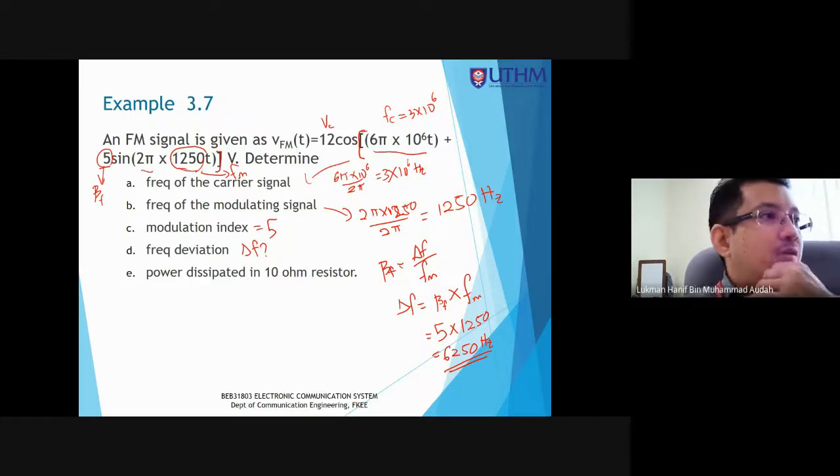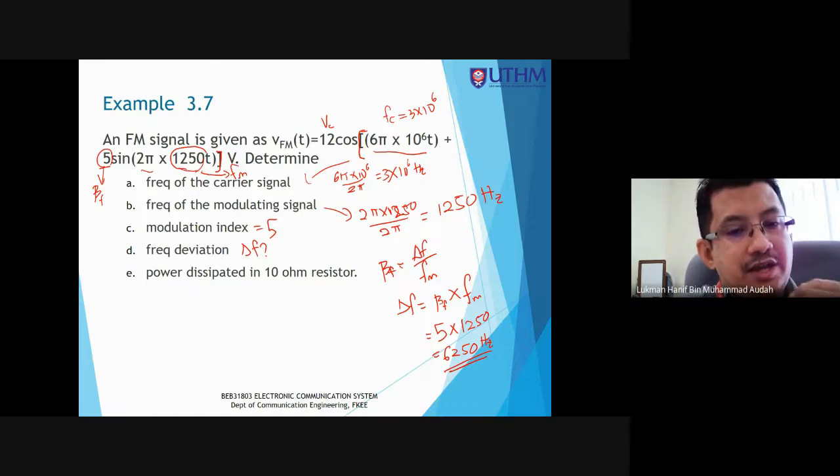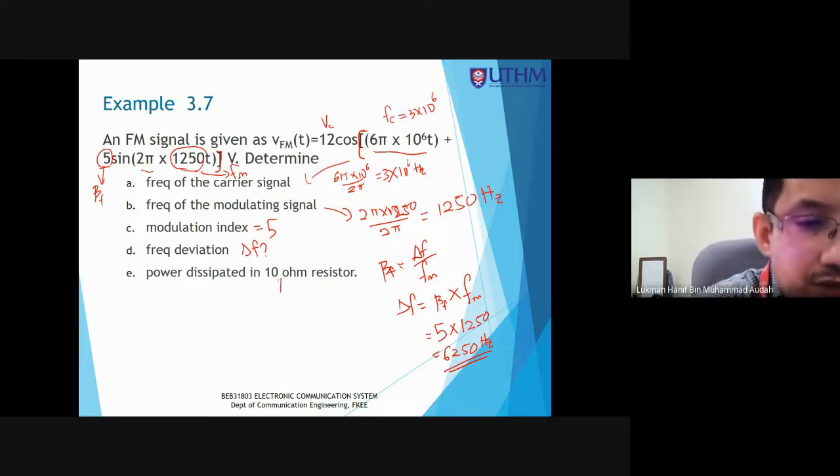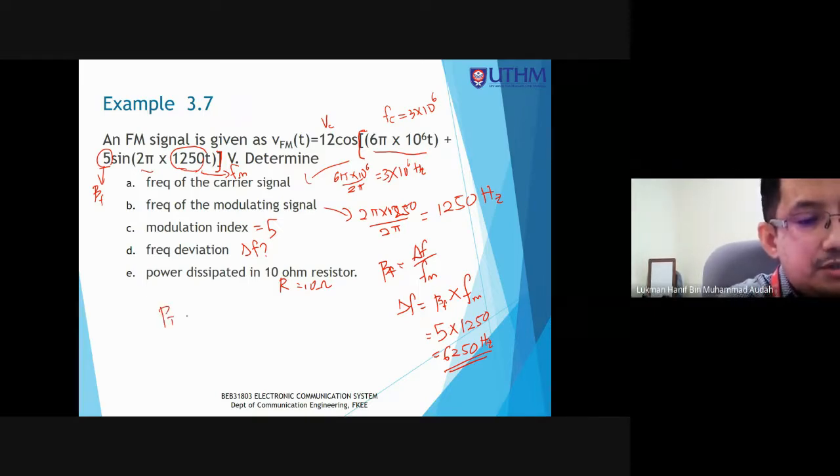And then, power dissipated in a 10 ohm resistor. You are given R equal to 10 ohm. Find the total power. How much is the total power? This is a simple question. P total is equal to Vc squared over 2R.